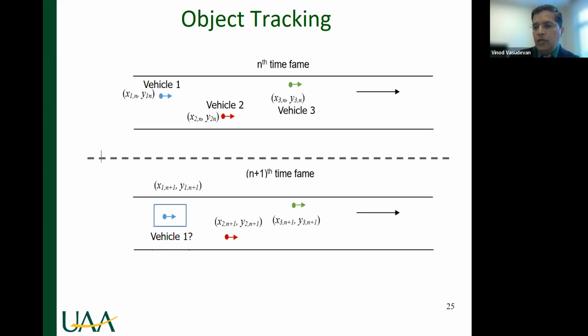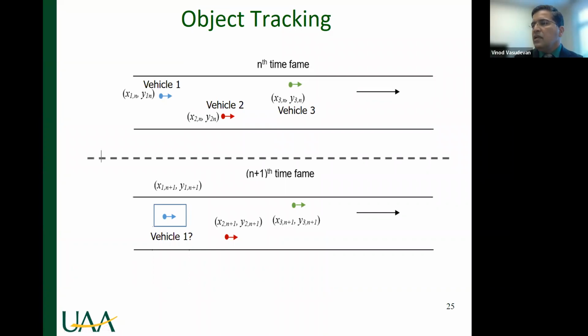So what we can do, as a simple logic, is that once we know the speed of the vehicle, we can estimate the speed by looking at the previous frames. We can apply some simple calculation. Keep in mind that for the n+1th frame, we are talking about 1/20th of a second.